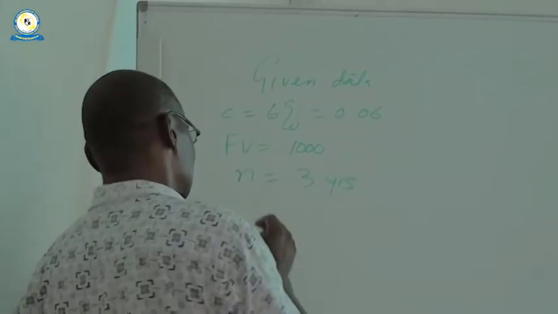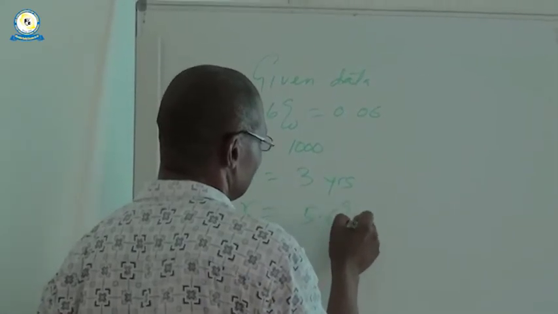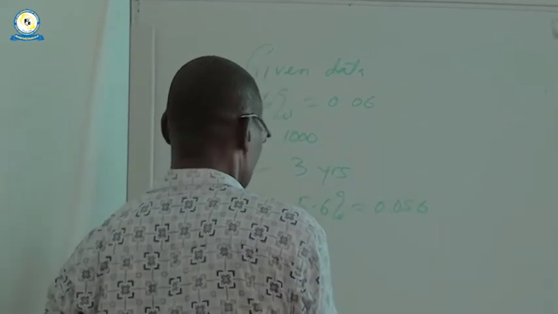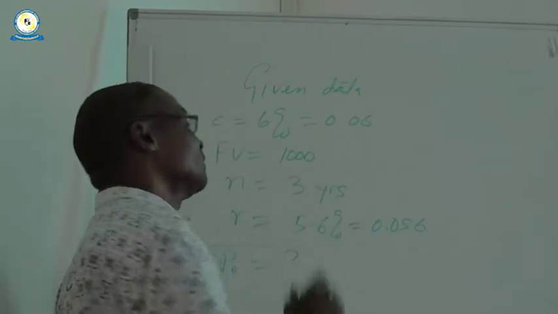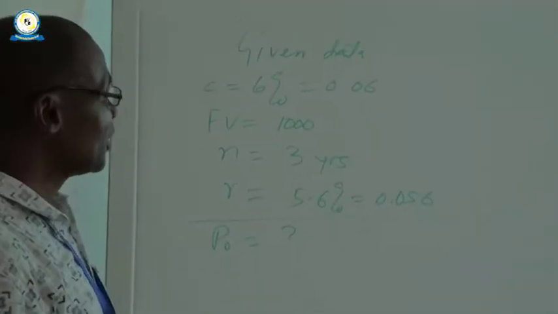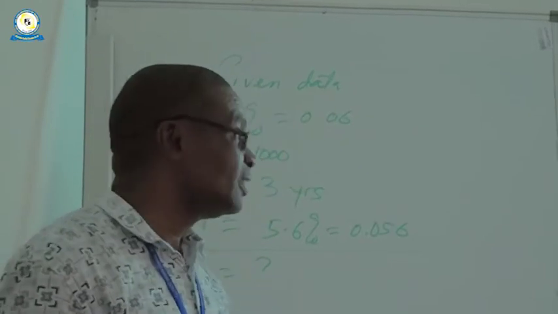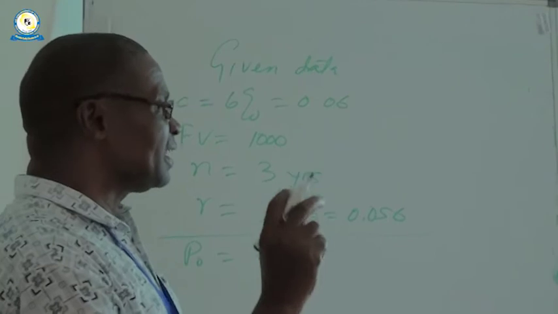Rate of return 5.6% or 0.056. Now you are asked to find the price of the bond. We can use any of the formulas which we studied. We can use the one which discounts each year independently.